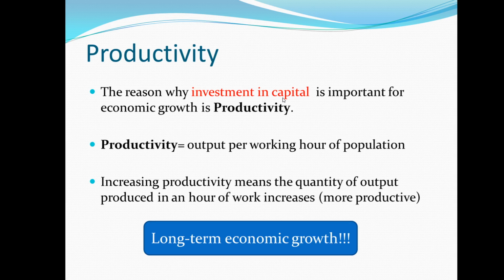When we're talking about long-term economic growth, we always talk about how you should invest in different capital, and this is the major reason, because when you invest in capital, your productivity should increase. The efficiency in production increases as well, so you can produce more in less time.